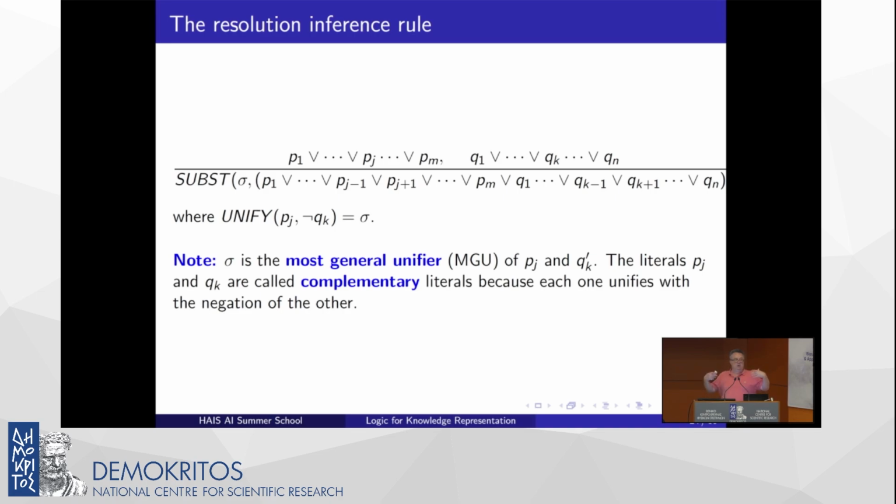And you can infer the very big disjunction without these. If it's a first order formula, you have to compute the unifier, and then you have to substitute this when you do the inference. But the big story is what I have just said. And some bracket here is hidden. Okay.